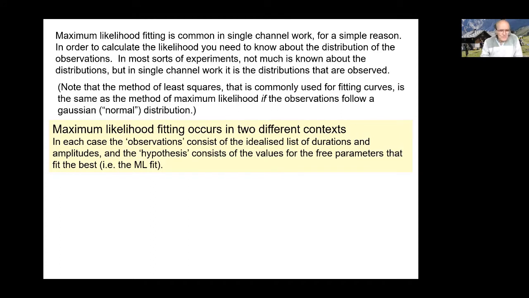It can be used in two different ways, depending on what it is that you're going to estimate. If you just fit a distribution of open times with exponentials, then you can estimate the time constants and the areas for those exponentials.